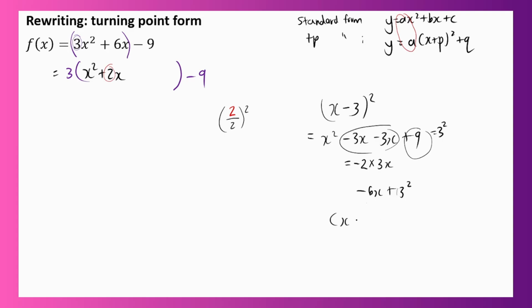Similarly, if you have (x + 5)², you would have x squared plus the two 5x's, and plus 25. So you would have x squared plus 10x plus 5 being squared. So again, this is double that. That is why you half it. You half whatever that number is.